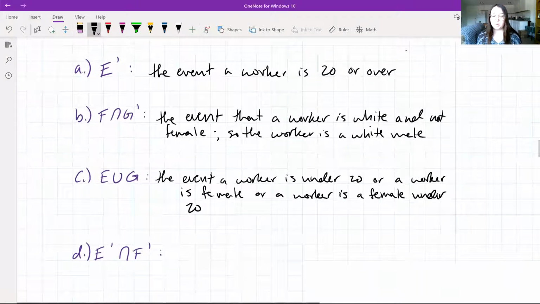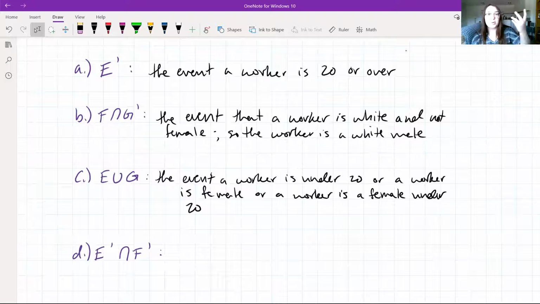So we have all of them. So the event is any worker under 20, then a worker that is female, so any age that's female, or a worker that is female under the age of 20.